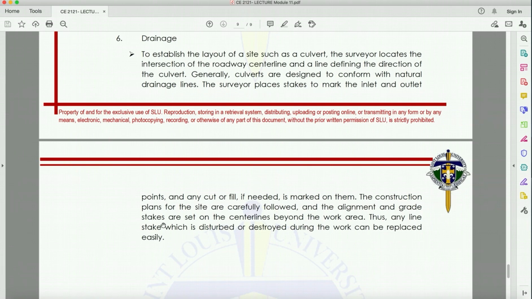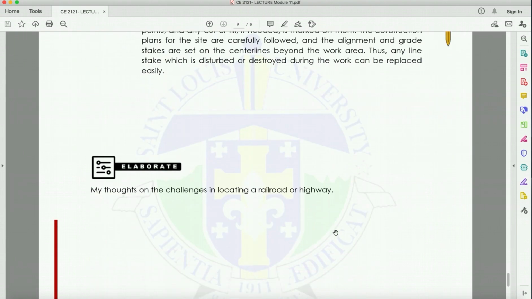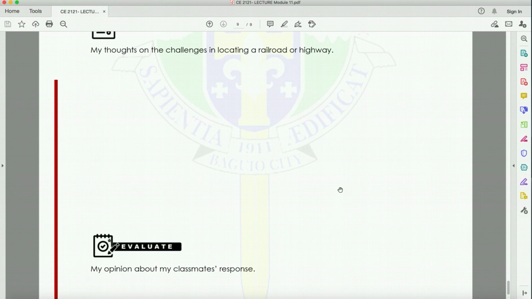The construction plans for the site are carefully followed, and the alignment of the drainage stakes and the grade stakes are set on the center lines beyond the work area. Thus, any line stakes which are disturbed or destroyed during the work can be replaced easily. Okay, so that is the introduction of curves.